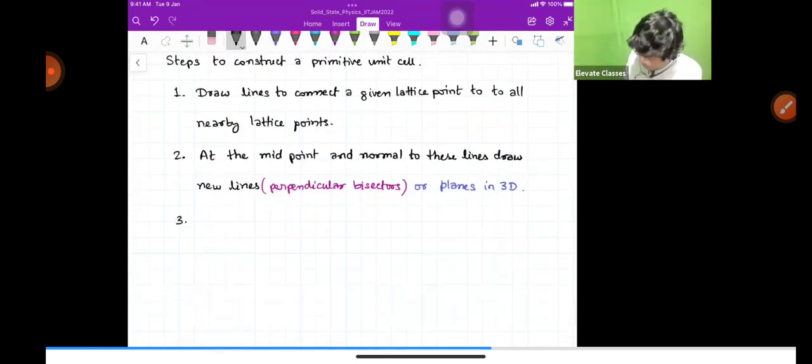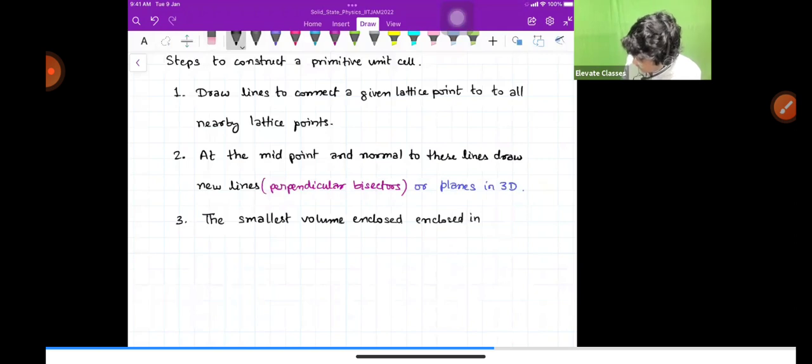Now step number 3. The smallest volume enclosed in this way is the Wigner-Seitz cell.